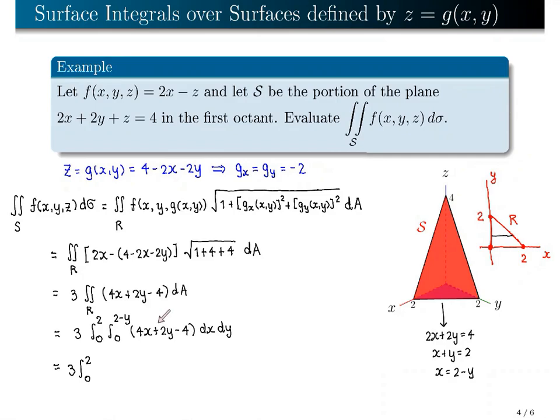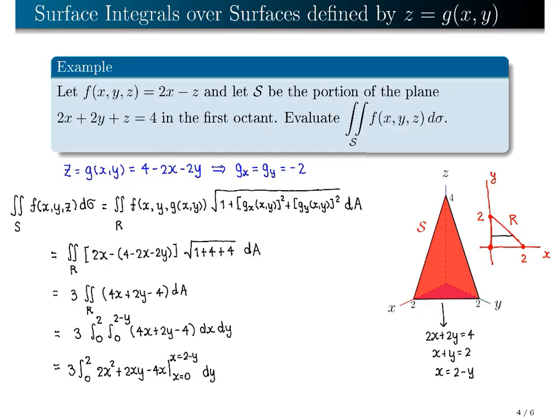Integrating 4x plus 2y minus 4 with respect to x, we get 2x squared plus 2xy minus 4x, evaluated from x equals 0 to x equals 2 minus y, dy.